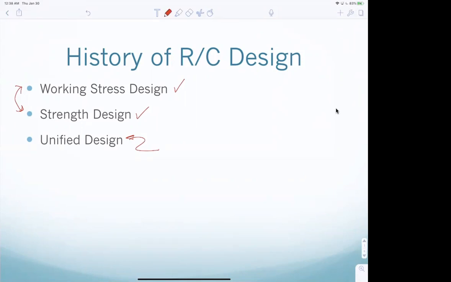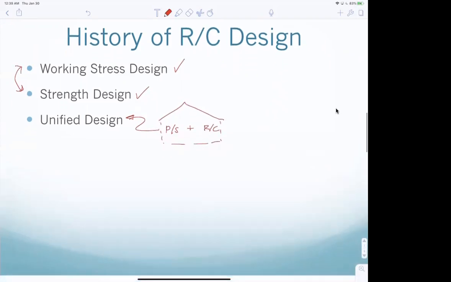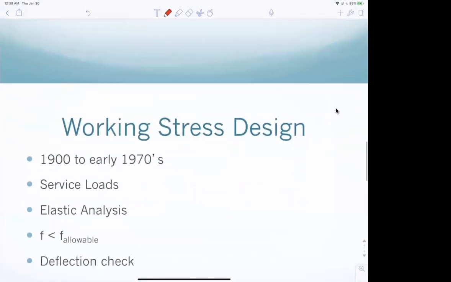I'll ask him what happened. Maybe reinforced concrete and prestressed concrete are parting ways. I'm not sure. We'll find out. So this is prestressed and reinforced concrete all under one roof, in the same house. Unified design. And I guess that house would be ACI. There's also PCI, the Precast/Prestressed Concrete Institute.